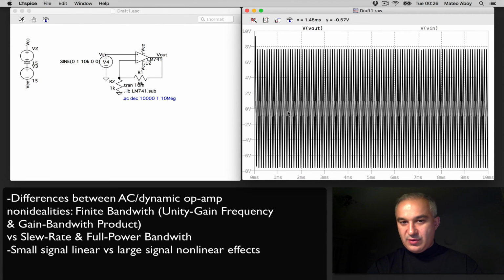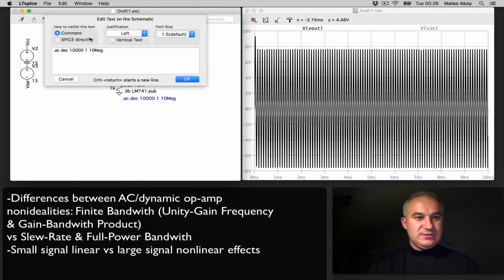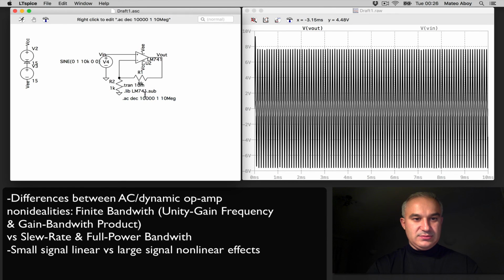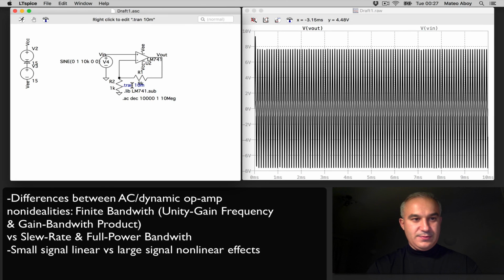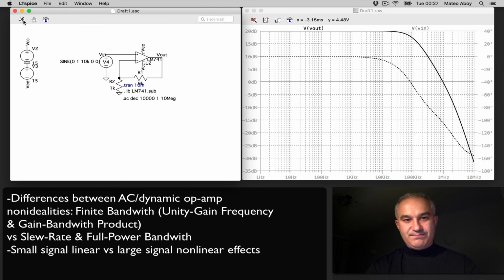Even here we are already seeing an attenuation. We expected a gain of 10 and we are at 8, at 10K. Let's go ahead and do the AC analysis and see.